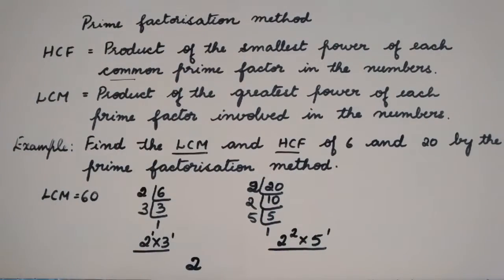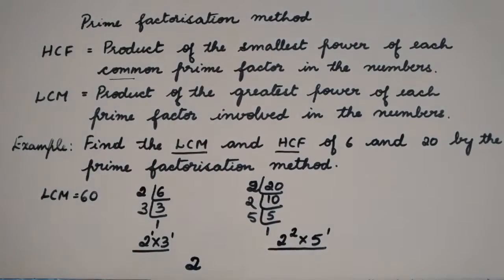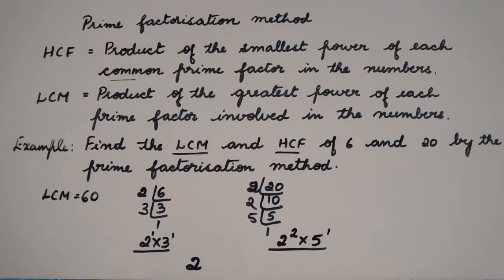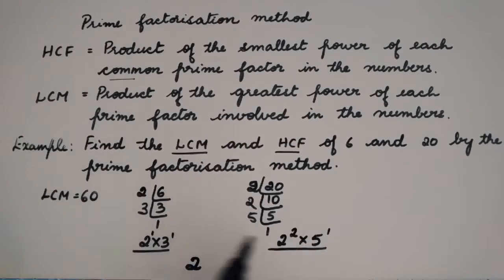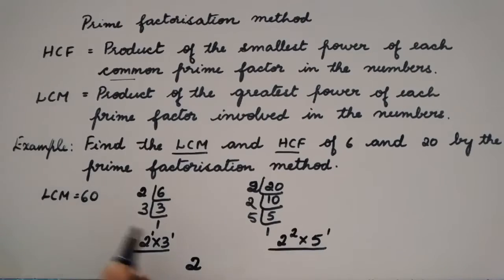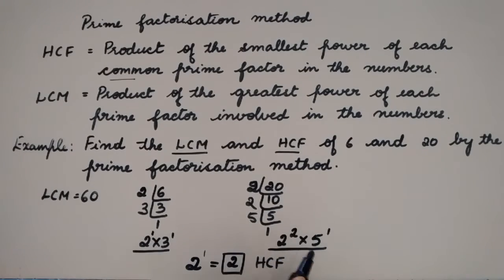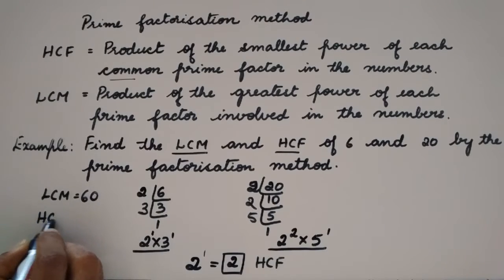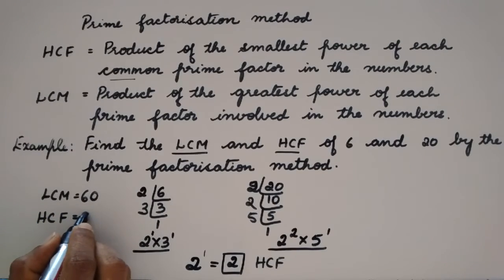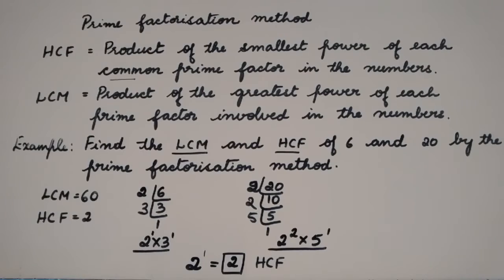Product of the smallest power. So what is the smallest power of 2 here? It is 1, isn't it? Yes. So the HCF is 2. So 2 is the HCF of 6 and 20.